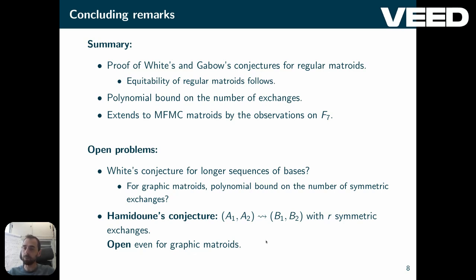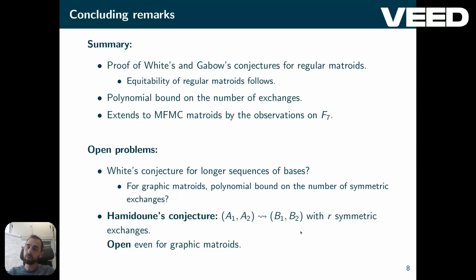And another interesting problem is Amidou's conjecture, which states that if you have any pairs of bases, so A1, A2, and B1, B2, then you can always find a sequence of symmetric exchanges of length at most the rank that transforms the first pair into the other.